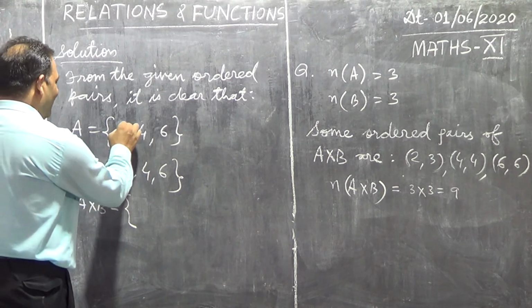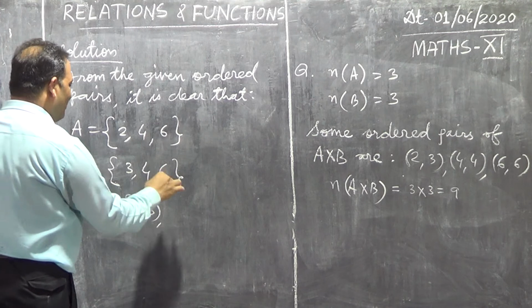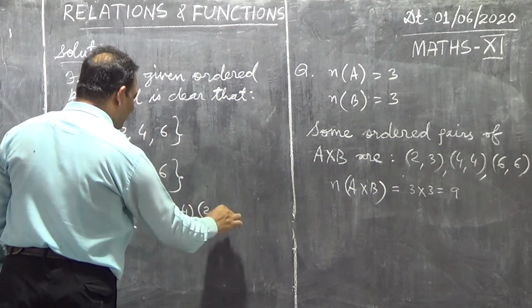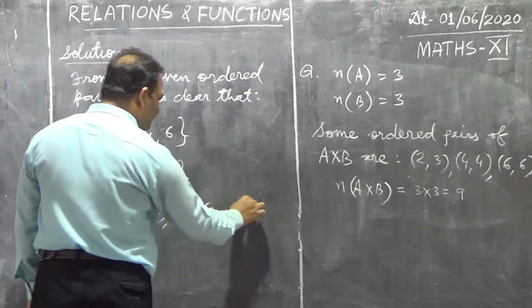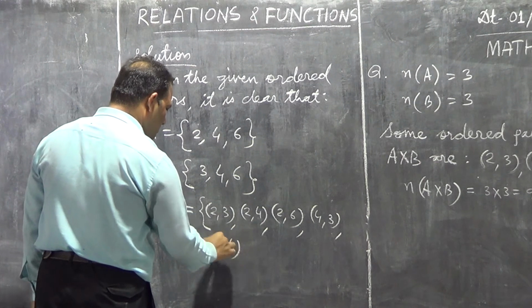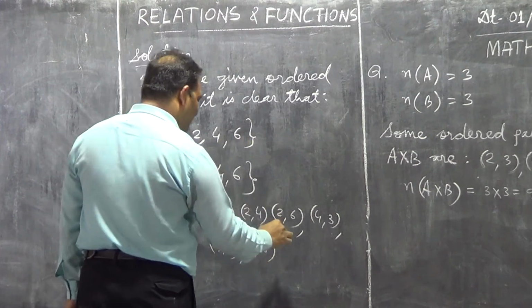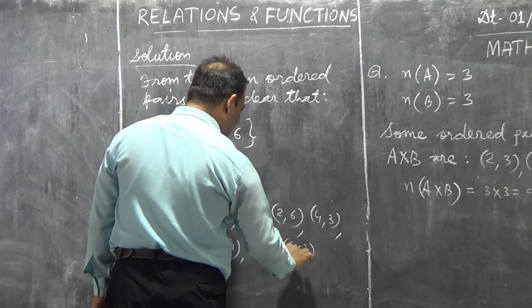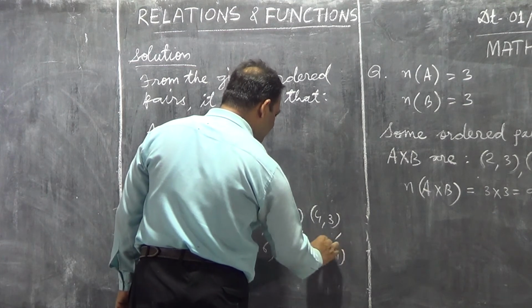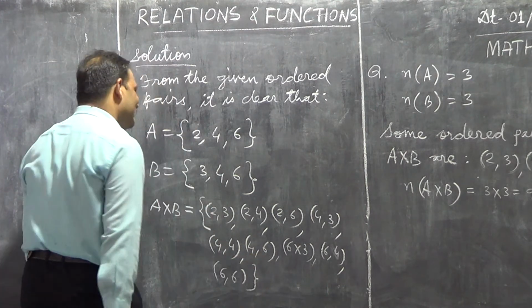A cross B, I will write directly here, children. (2, 3), (2, 4), (2, 6), then (4, 3), (4, 4), then (4, 6), then (6, 3), (6, 4) and (6, 6).